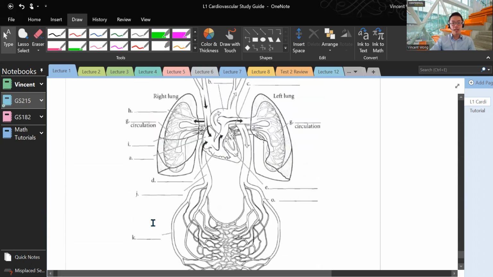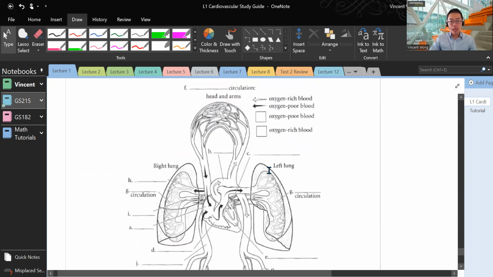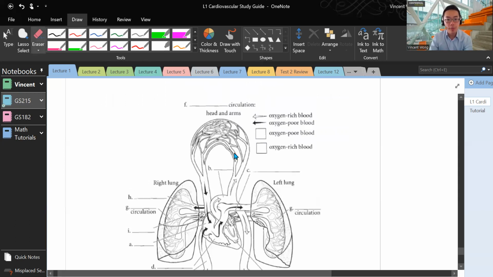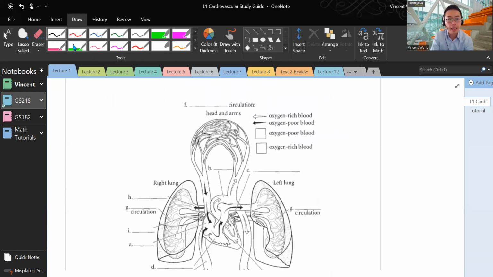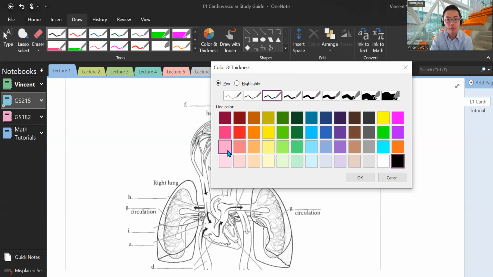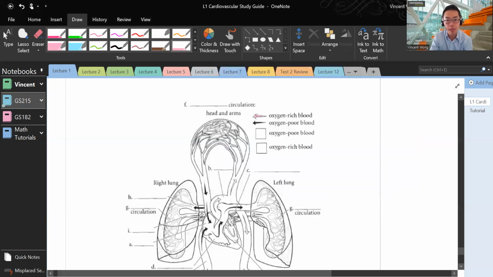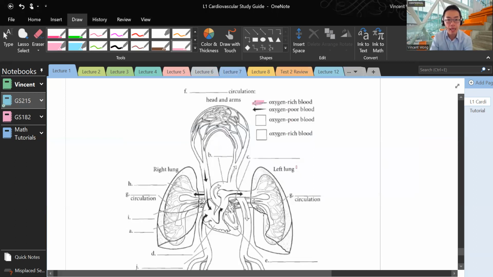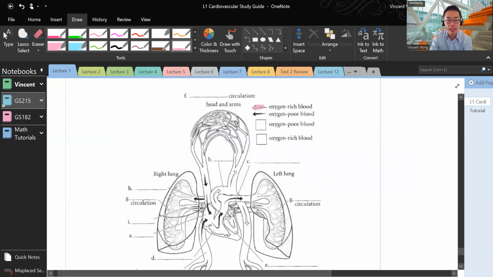Okay, last but not least, we have this picture right here. We can color it together if you want. So oxygen-rich blood is shown here, we'll do it in pink right here, oxygen-rich blood. And of course, that starts on the left side of the heart, right? So the left atrium and left ventricle would both be rich in oxygen.